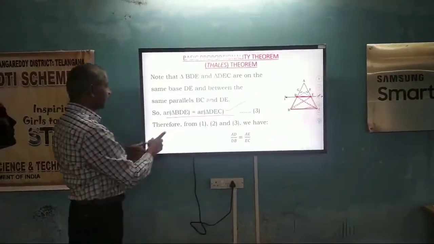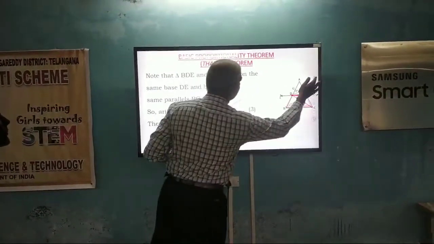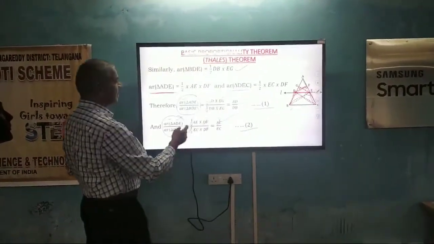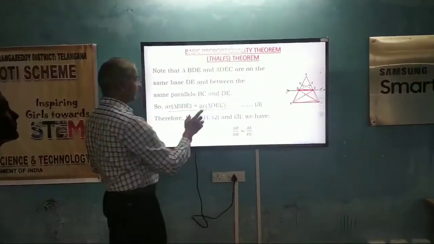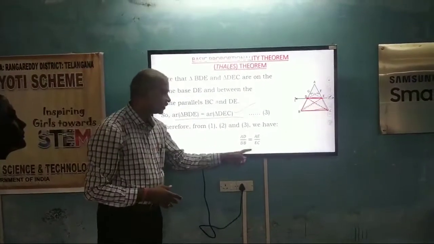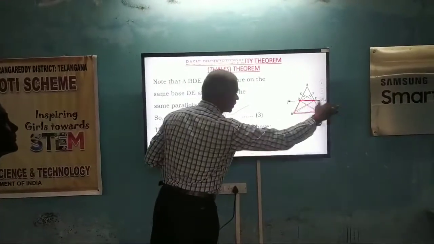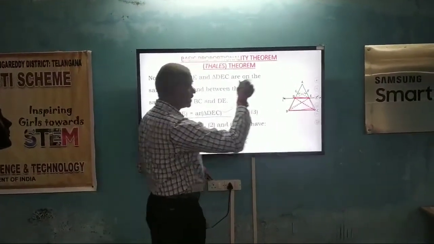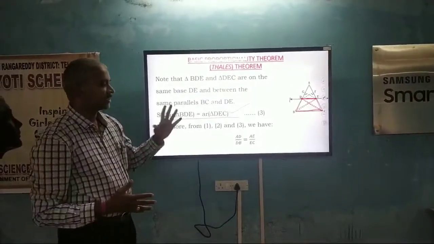So from equations 1, 2, 3, we can conclude that AD by DB is equal to AE by EC. That means when you draw a line parallel to one side in a triangle, that line divides the other two sides in the same ratio.